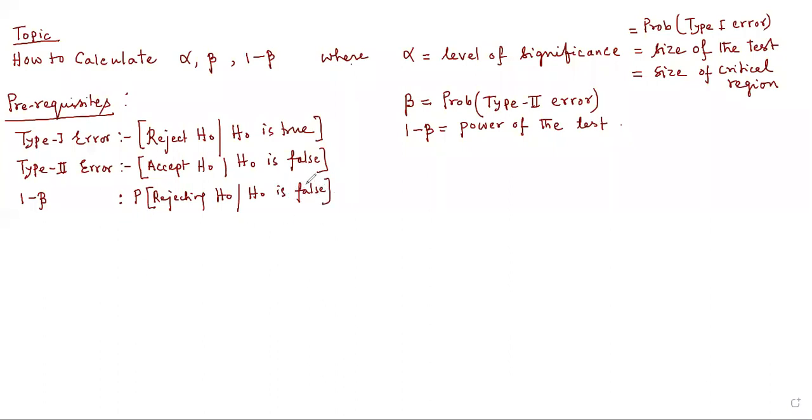That is called 1 minus beta, or it is also known as the power of the test. So these are the definitions that I discussed in one of my earlier classes. I'm going to explain and tell you how to calculate these probabilities with the help of a few problems. My first problem goes like this.